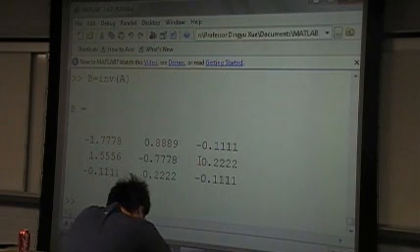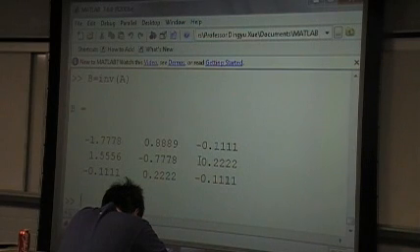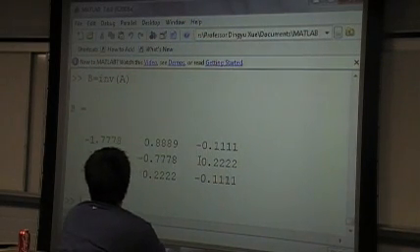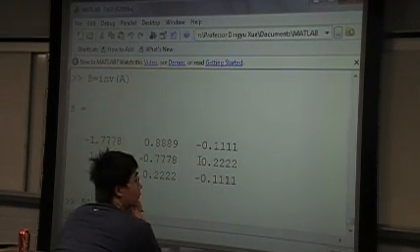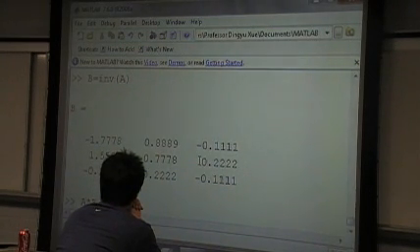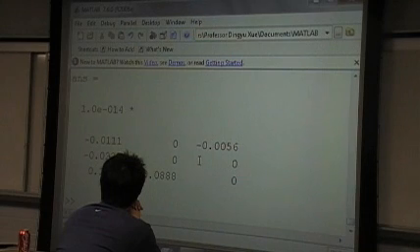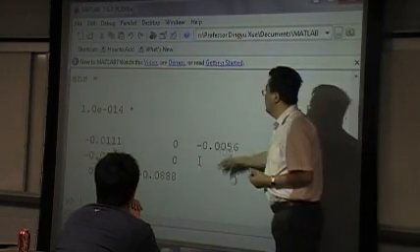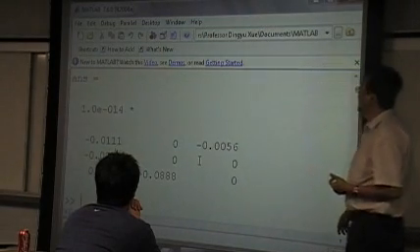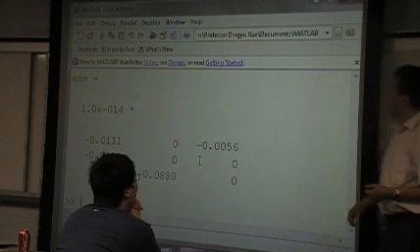So now the question is, you have already found the inverse. Whether the inverse is accurate enough, we have to check. So A times B should be an identity matrix. We will see that it is quite close. The error is very, very small, to the order of 10 to the minus 14.